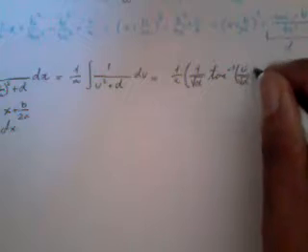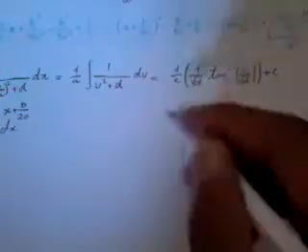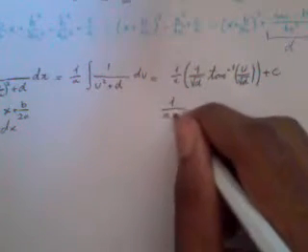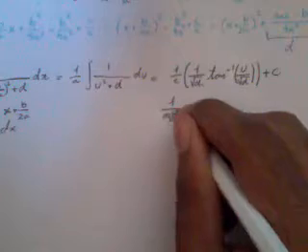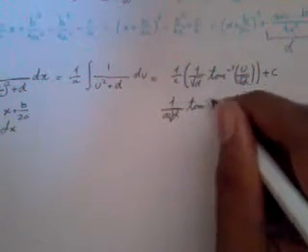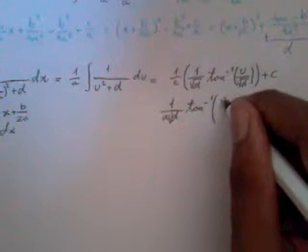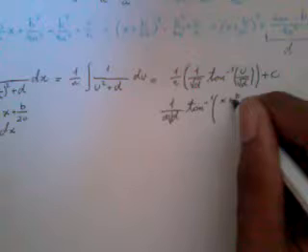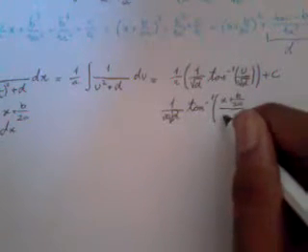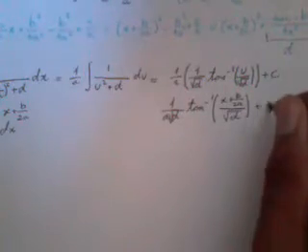Sorry. Plus the constant, referring this back to 1 over a root D, inverse tangent of x plus b over 2a over root D, plus c.